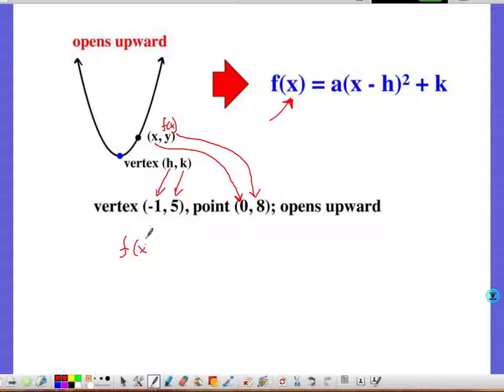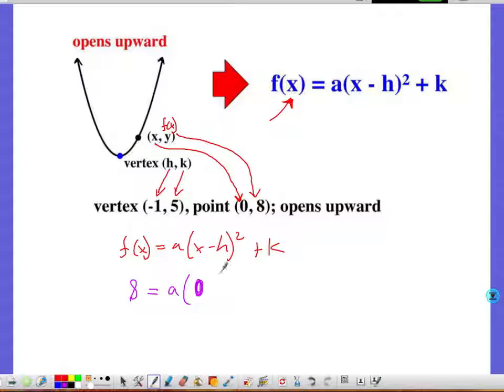So let me write the function here again. f of x equals a times (x minus h) squared plus k. First of all, I want to plug in f of x. Again, f of x is 8, so I just plug in 8. Now notice we don't know what a is, so I'm just going to write a. x is going to be 0. h is going to be -1, but remember, h is the only variable that when we plug in, it's always going to be the opposite sign.